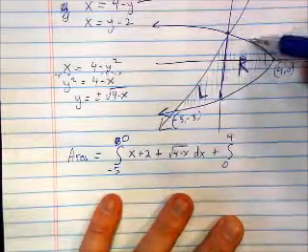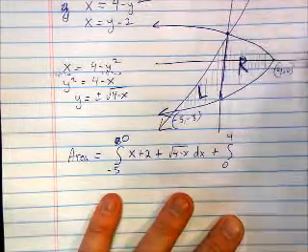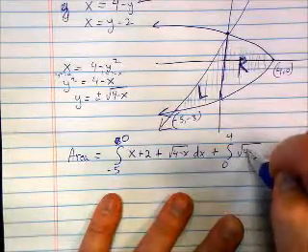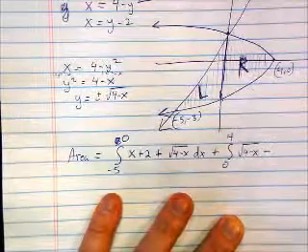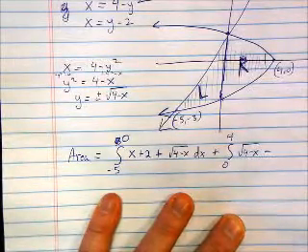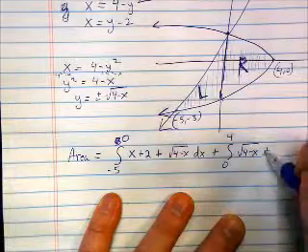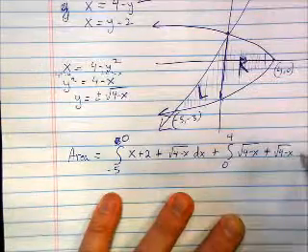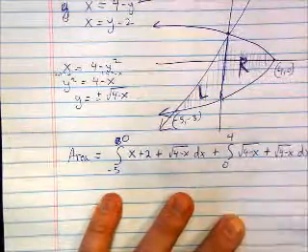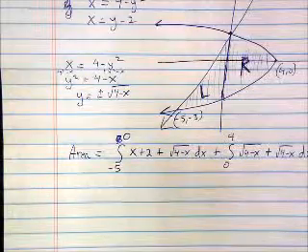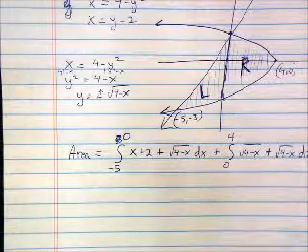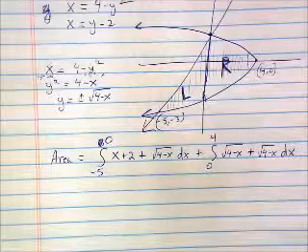What's the function on top? The positive square root minus, what's the function on bottom? The negative square root, negative and negative becomes a plus again. And there's my formula for area.